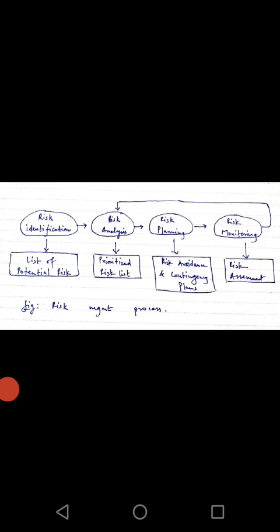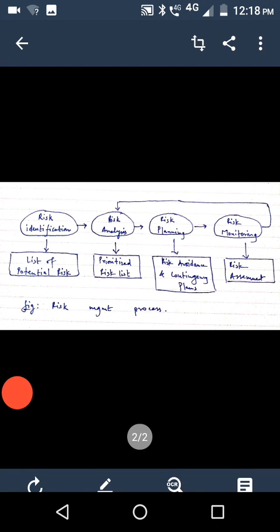Sort of these 20 risks with respect to my project, I may have 5 risks which have more impact factor and high probability, so they are in the priority list. Then I need to plan.